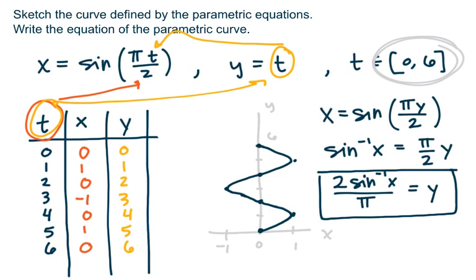So we have a new domain on x. My x values now exist only between -1 and 1, and my y values exist between 0 and 6.